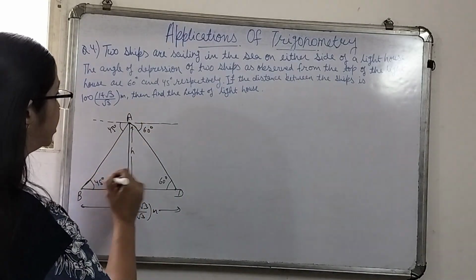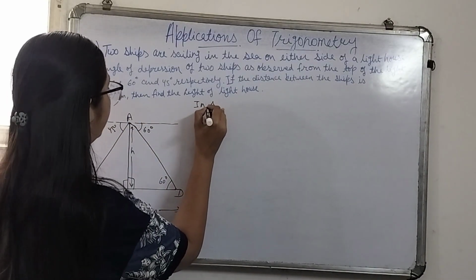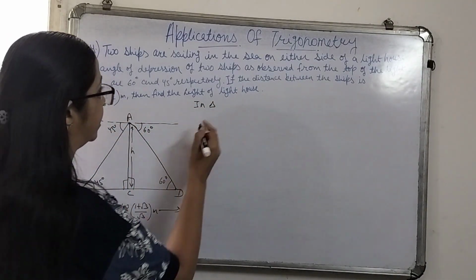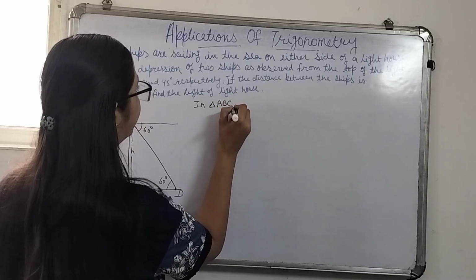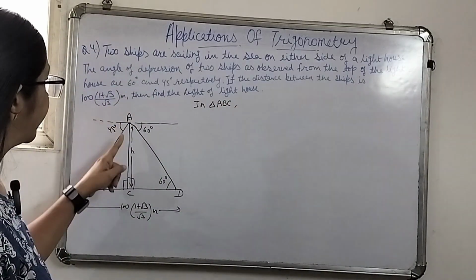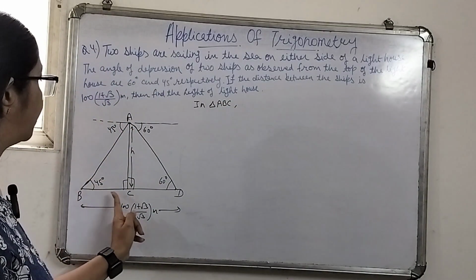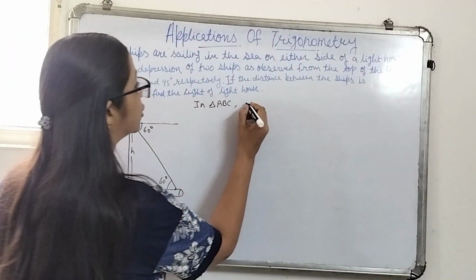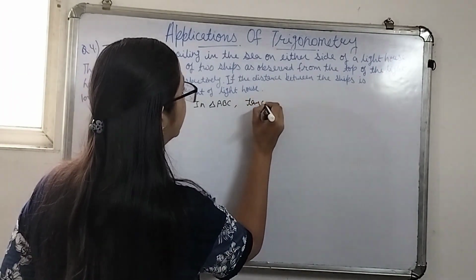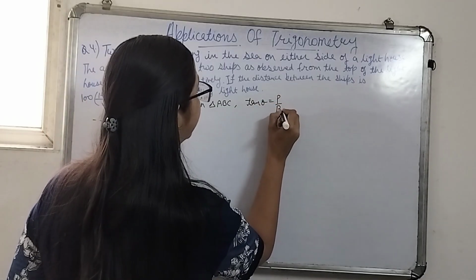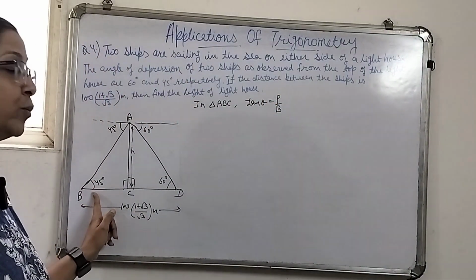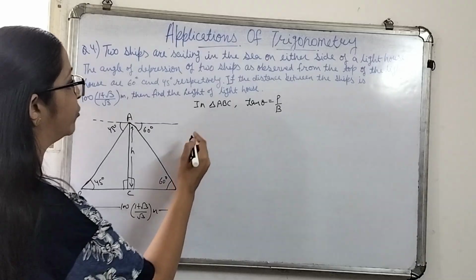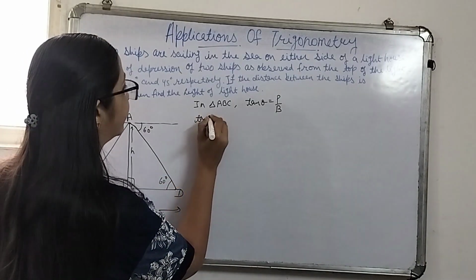Now if we are going to see the triangle ABC, the relation between perpendicular and base is tan theta. We know that. So in this, tan theta is perpendicular to base. Now the angle over here is 45 degree, so we will be taking tan 45 degree.